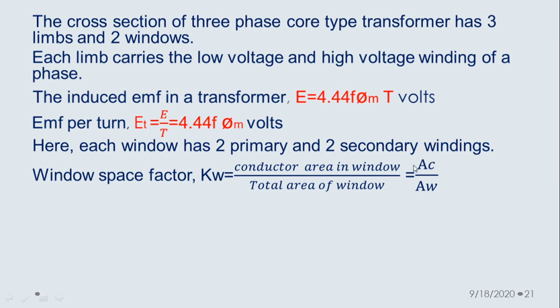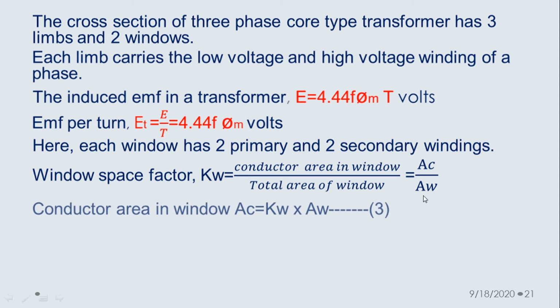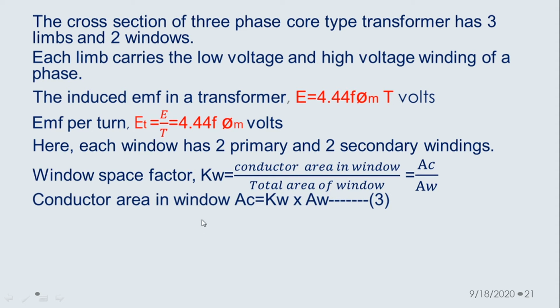If the conductors are made of copper, you can say it is the copper area in the window, which is given by Ac, and the total area of the window is given by Aw. So we can say the conductor area in the window is Ac = Kw into Aw. Call it equation number 3.